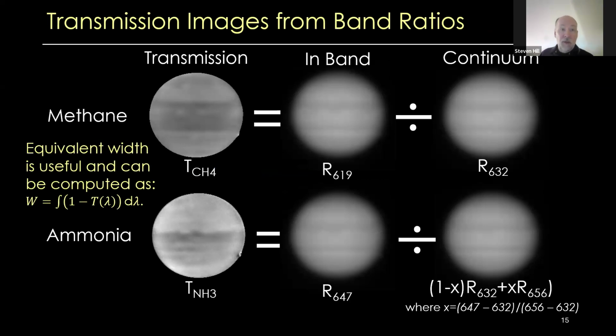So to compute transmission, we just take the in-band radiance images in methane and ammonia, and divide them by the appropriate continuum images. For the continuum image used for ammonia, it's actually an interpolation of both the 656 and 632 continuum bands, because there's slight contamination from a methane band around 656.